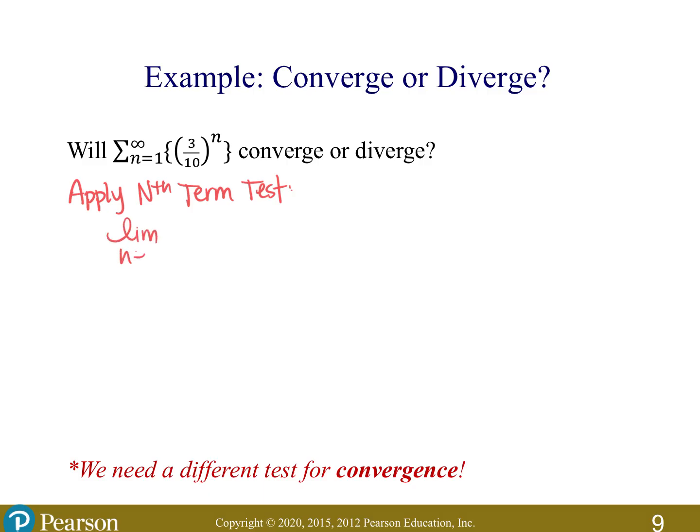So the limit as n approaches infinity of the fraction 3/10 to the n. That will be the fraction 3/10 to the infinity. That will be 3 to the infinity over 10 to the infinity. What's the result of that?